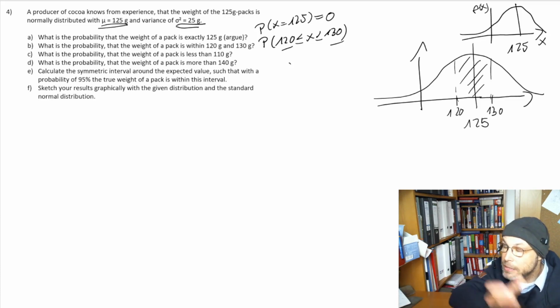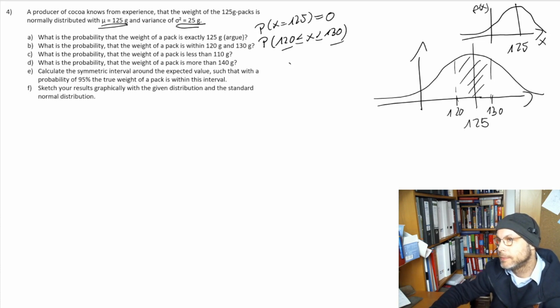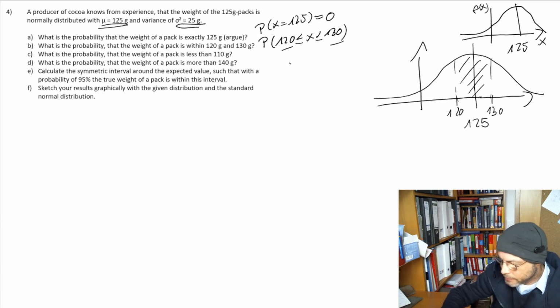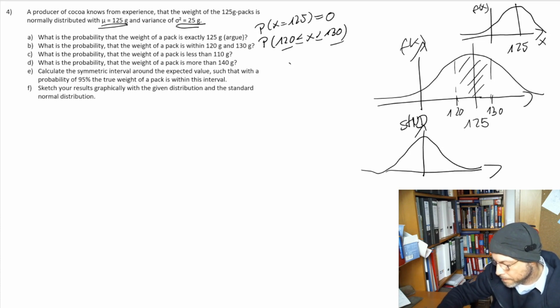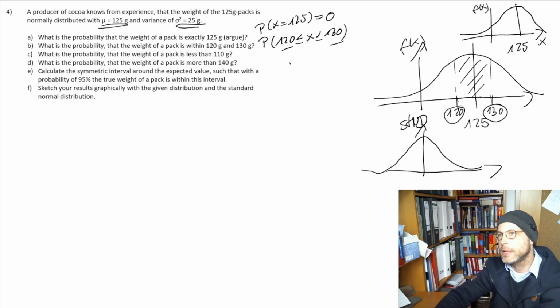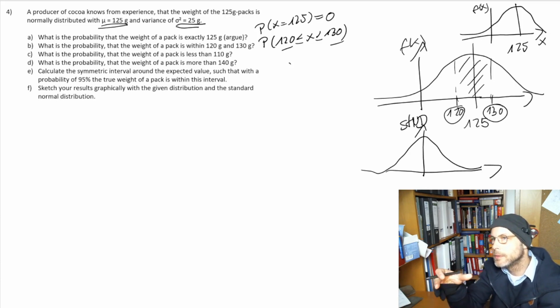And if we don't have our software package, then we switch to the standard normal distribution. And now we have to calculate the new interval. What equals in the standard distribution our 120?